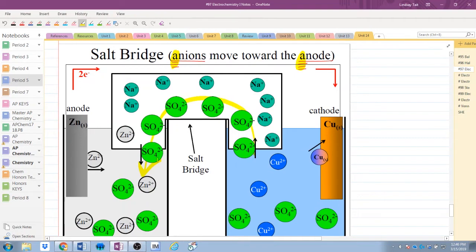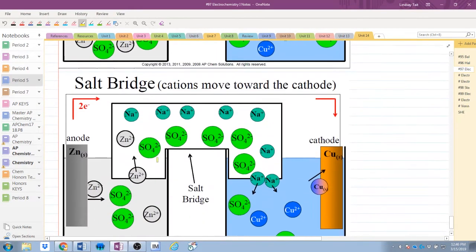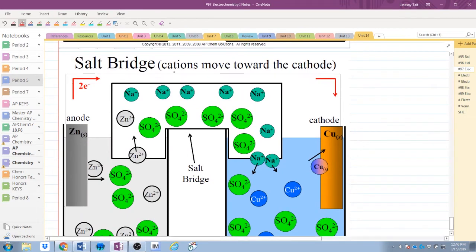And then, next slide. The cations get delivered to the cathode. Cations to cathode. Yay! Because once again, the cathode is building up a negative charge once they accept all of those electrons.